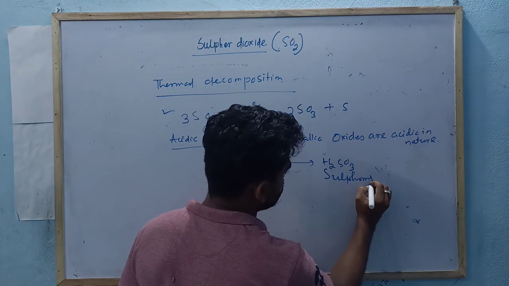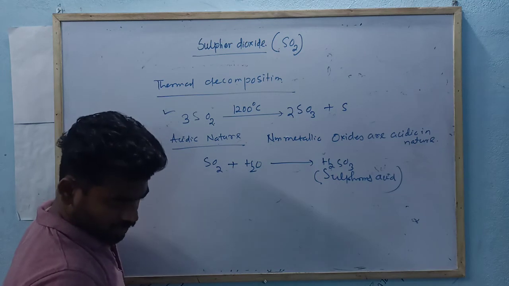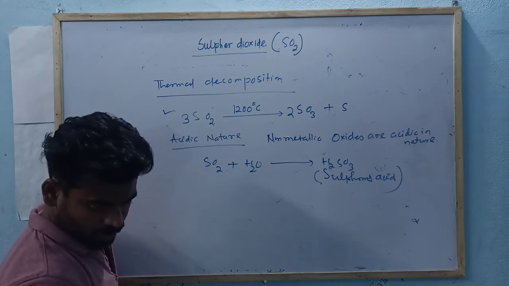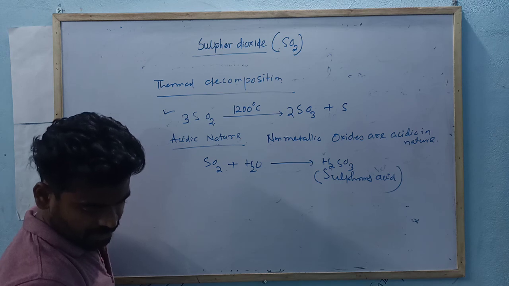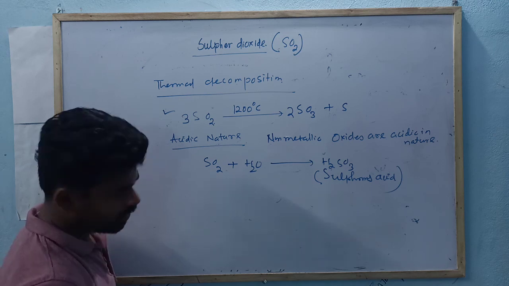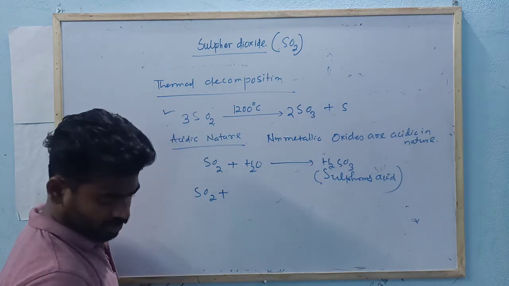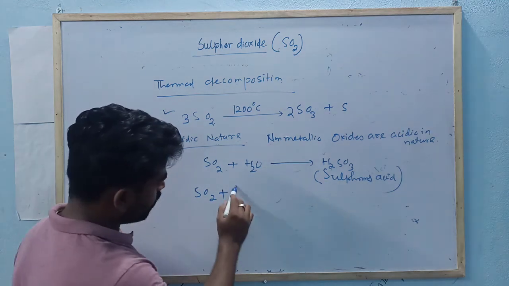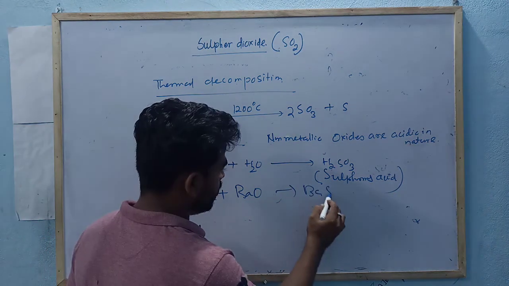Sulfurous acid. So SO2 is an acidic oxide; with a basic oxide it can form a salt. Suppose I consider a basic oxide, let's say barium oxide, BaO, then it will form BaSO3.